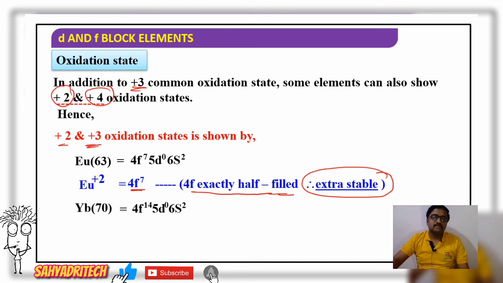If there is europium 3 plus, by accepting one electron it readily gets converted into europium 2 plus. What is this reaction? Addition of electron is nothing but reduction.